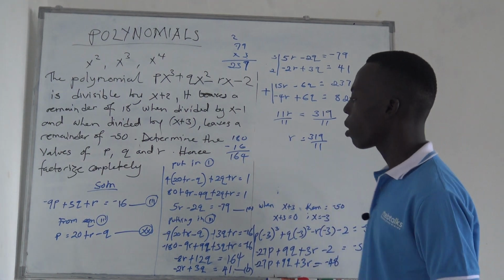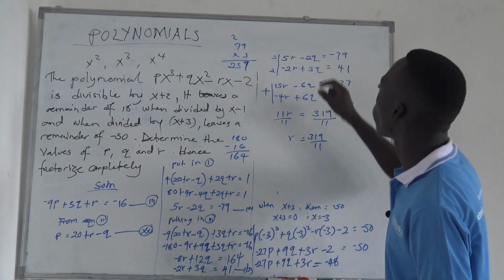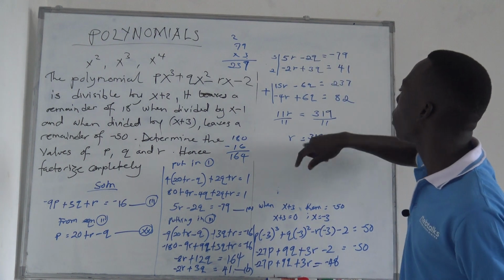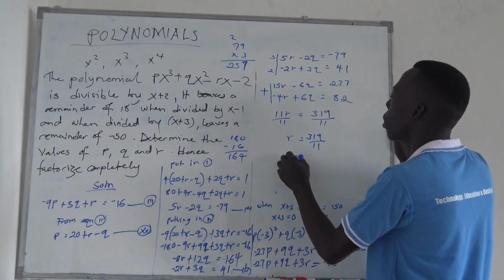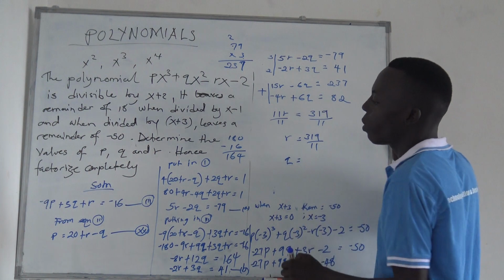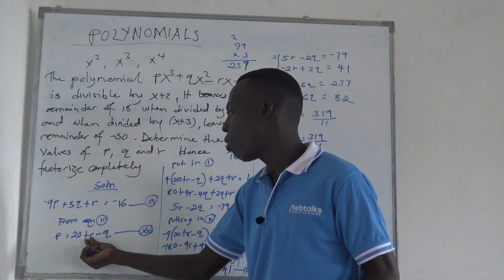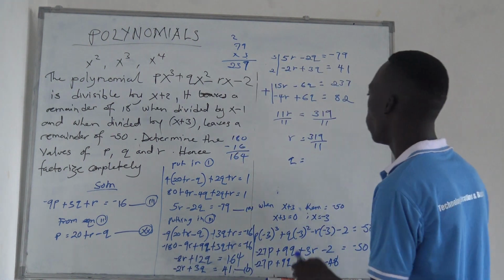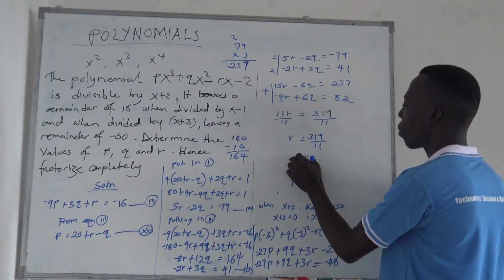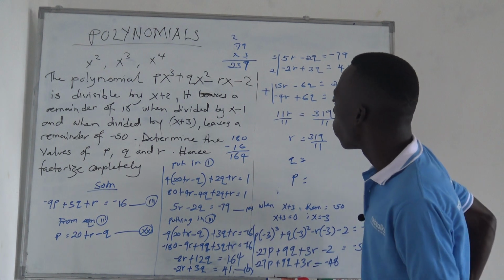So after getting that one, you can substitute in the first or second equation to get the value of Q. After getting the value of Q, substitute the values of R and Q here to get P. So that's how we can do this question.